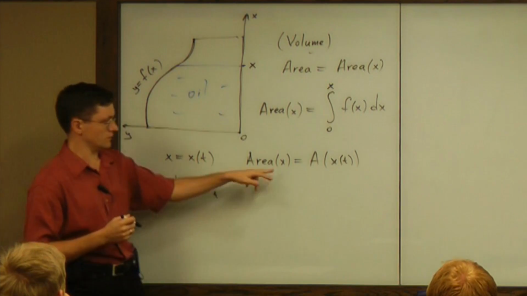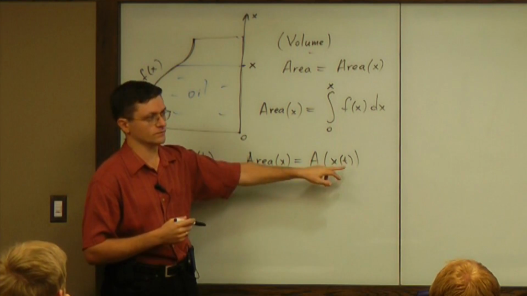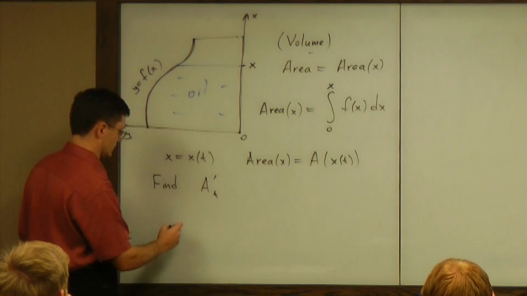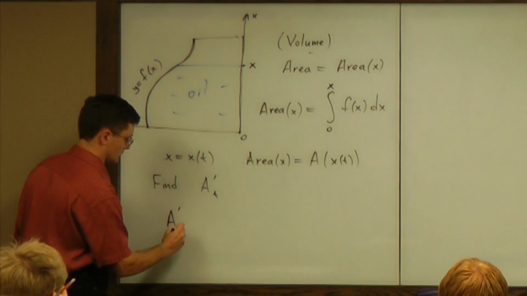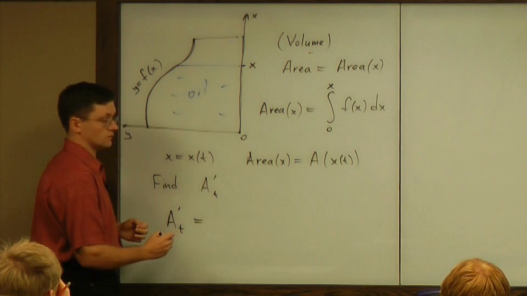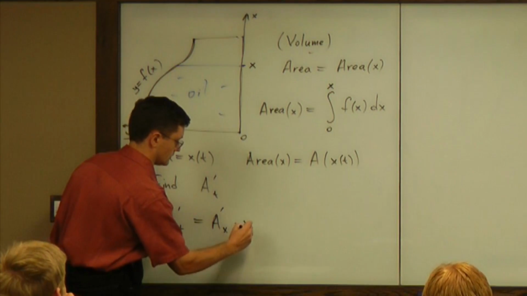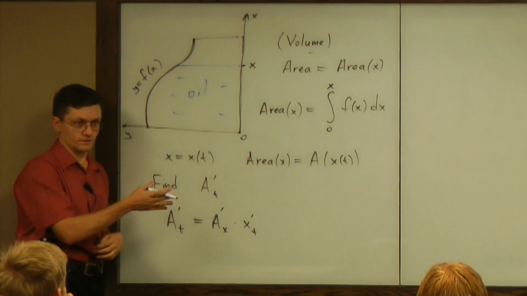If you understand that our function A is a function of x and x is a function of t, and you want to differentiate with respect to t, the chain rule says A prime with respect to t is equal to A prime with respect to x times x prime with respect to t. Right? That's the standard chain rule.